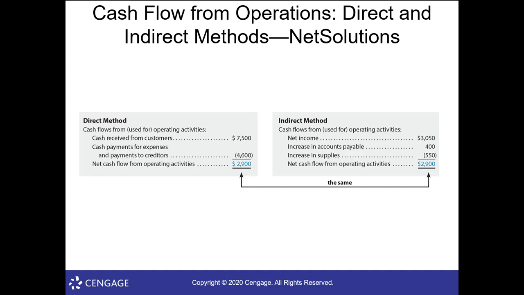And then a net increase in supplies. This is a current asset. Current assets have an inverse relationship to cash. So as current assets go up, accounts receivable, supplies, inventories, prepaid expenses, cash goes down. Whether you do the direct or indirect method, they're going to come up with the same answer, in this case the $2,900 net cash flow from operating activities.